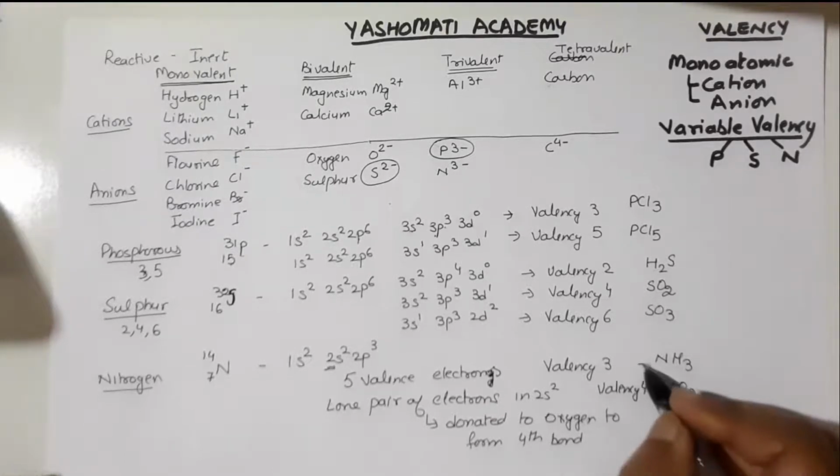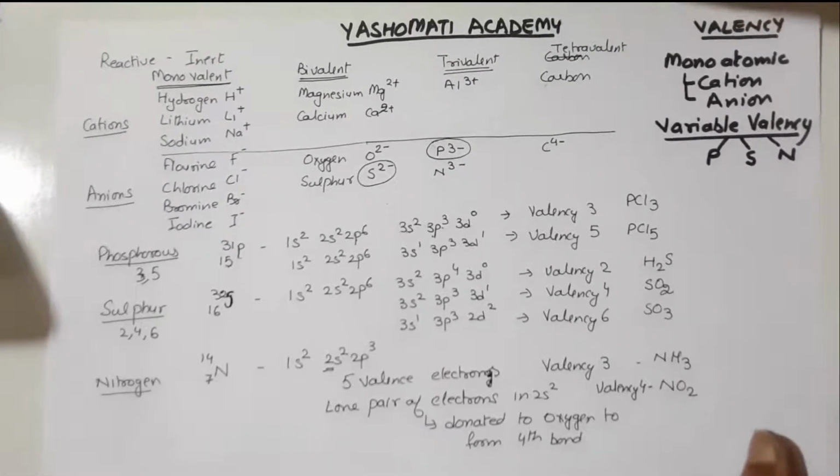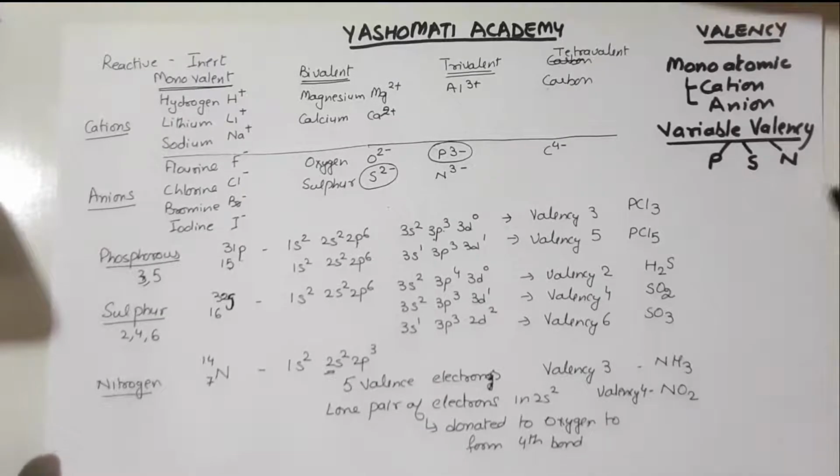So I hope you have understood why there is a difference in phosphorus, sulfur and nitrogen. Though all are showing variable valency, the reason for showing this variable valency is different. In case of phosphorus and sulfur, it is because of the vacant orbital, whereas in case of nitrogen, it is because of the presence of a lone pair of electrons which can be donated to some other element to form an additional bond.